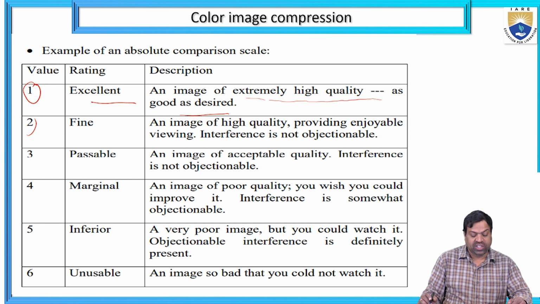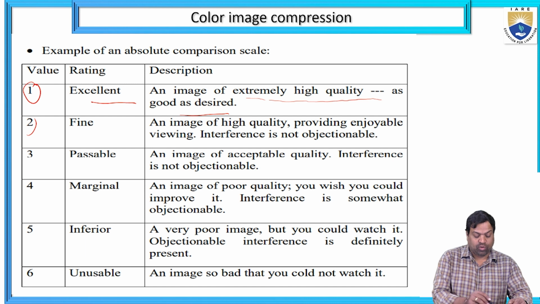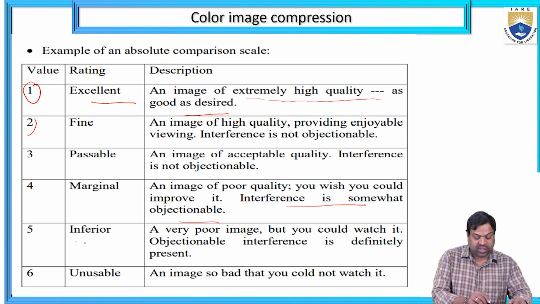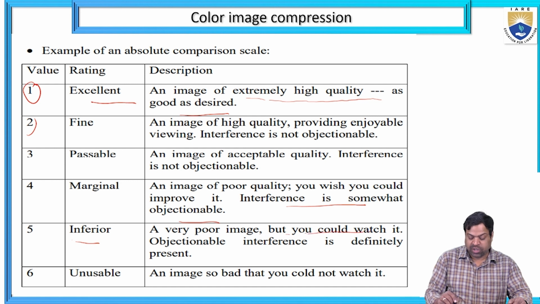When the value is 3, it is passable: an image of acceptable quality, interference not objectionable. The fourth one is marginal: an image of poor quality, we could improve it, interference is somewhat objectionable. Next is inferior: a very poor image, but you could watch it, interference is definitely present. Unusable: an image so bad that you could not watch it.